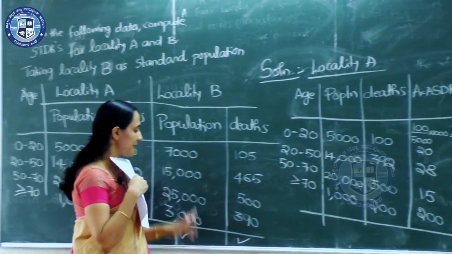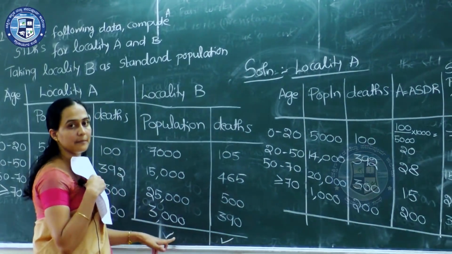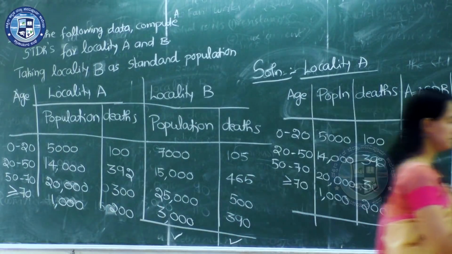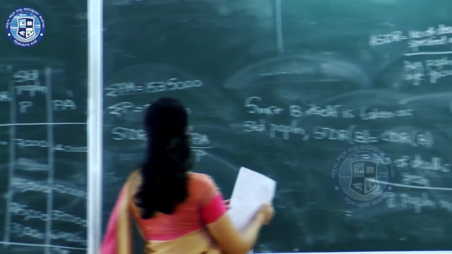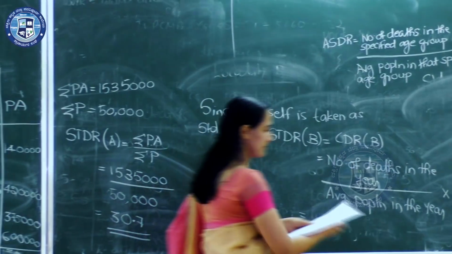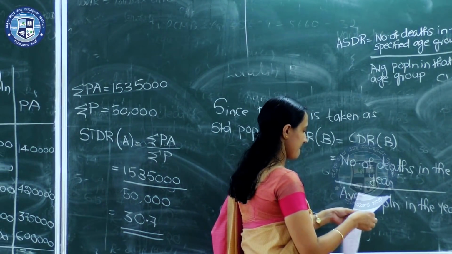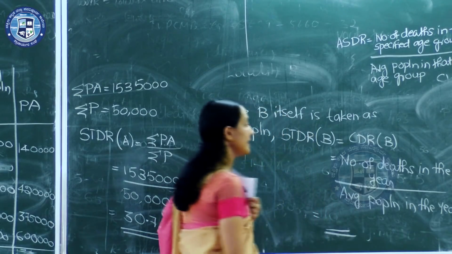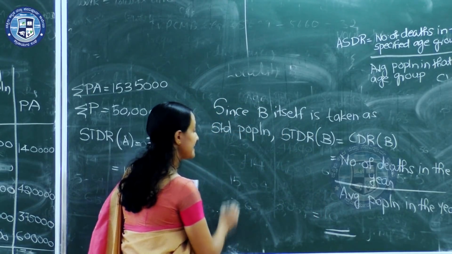This total we have to find. Similarly, this total divided by this total into 1,000. So this one you have to compute. You will get one answer here, and which one is less?